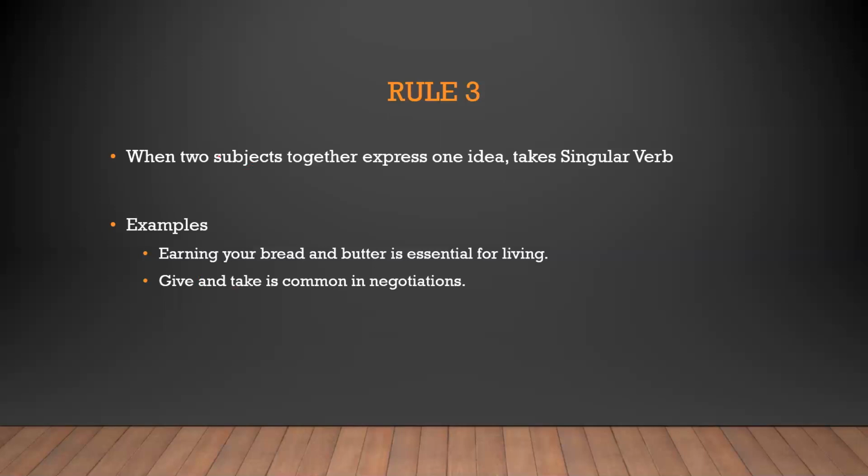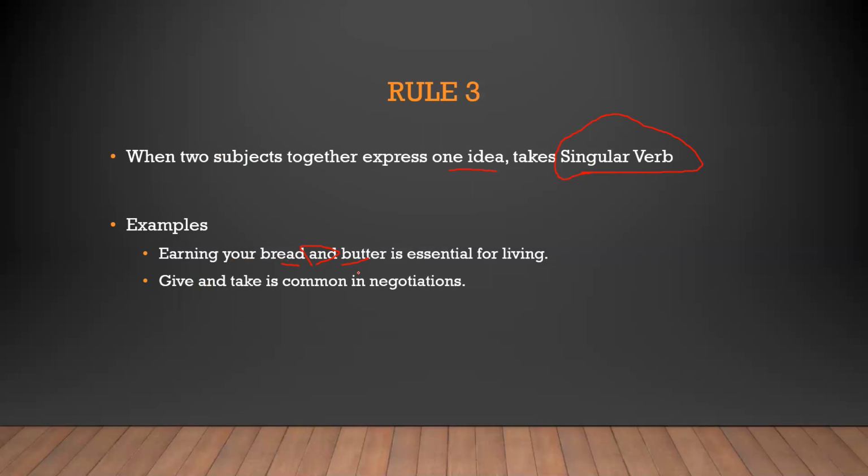Next rule is, when two subjects together express one idea, they take the singular verb. So one idea, that is, they are uniting with each other. Just like earning your bread and butter. Here, though we are combining two subjects, bread and butter, with the conjunction and, it is giving us one idea, one unit.